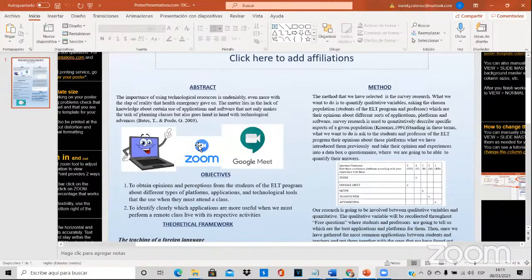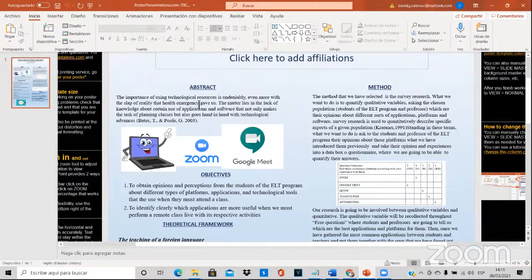The objective of our research was to obtain the opinions and perception of the students of the ELT program about the different types of platforms, applications, and technological tools. That is our main objective. And the second one is to identify clearly which applications are more useful, of course, based on the opinion of the students of the English program.